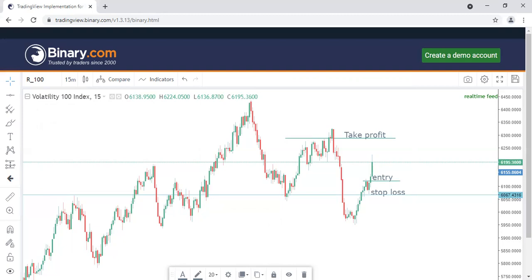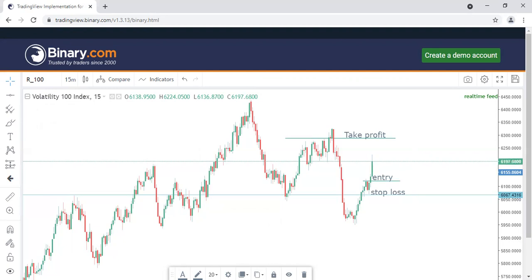So now we shall be using the VIX 100 for this video. This calculation is actually universal in the sense that it is applicable to all other indices.